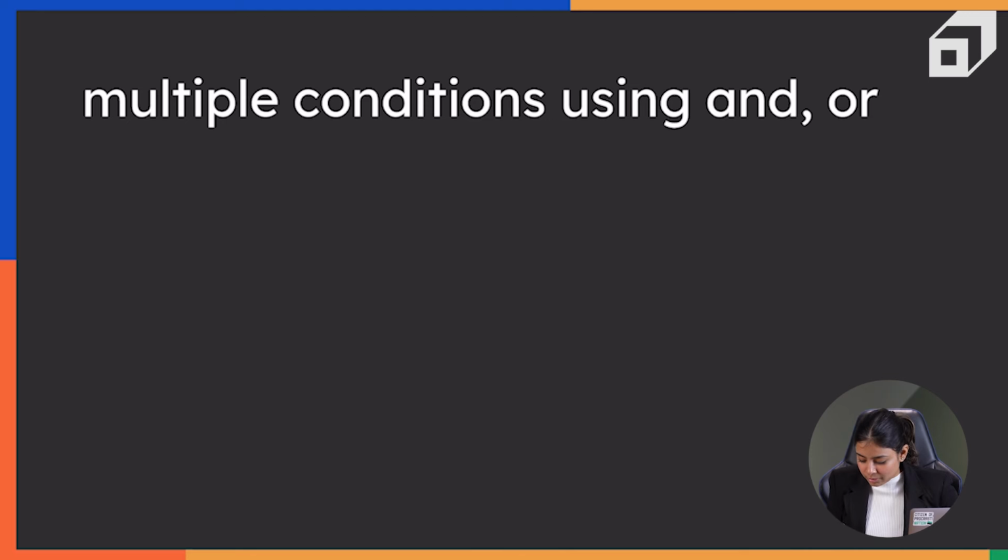You can also combine multiple conditions using and, or. We just saw and, or as logical operators which work on Boolean values. So if I have two conditions, condition 1 and condition 2, and I want to combine the result of these two conditions, I can use and or or there.